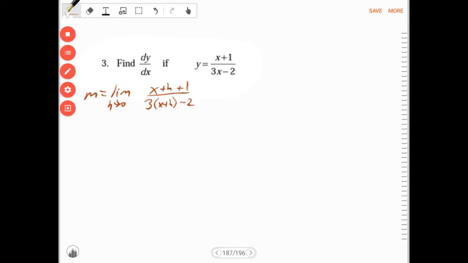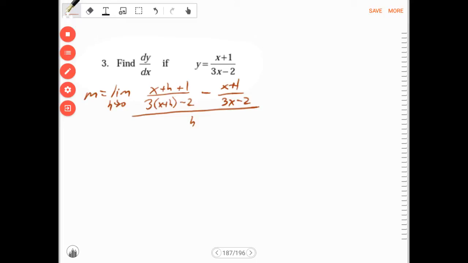You add the h to every part that has an x. And then we subtract the original function, x plus 1 over 3x minus 2. It's not exactly great writing, sorry guys. And then all divided by h. Okay, so not so bad.